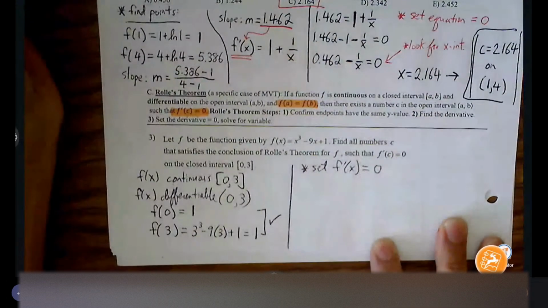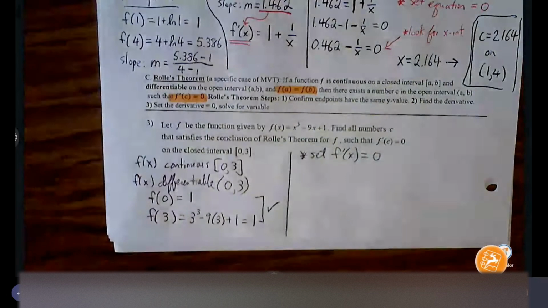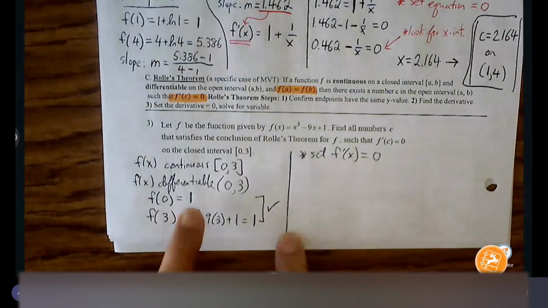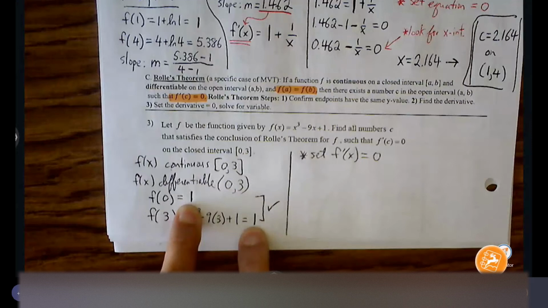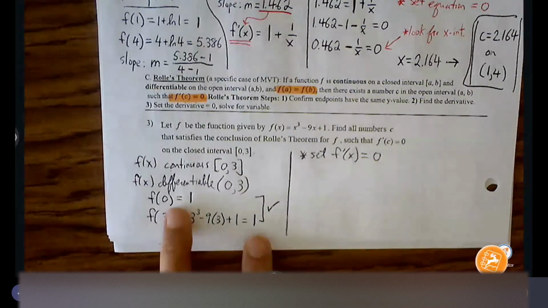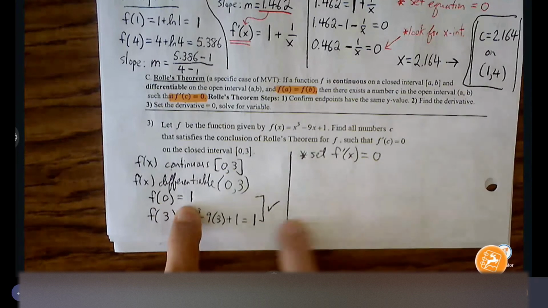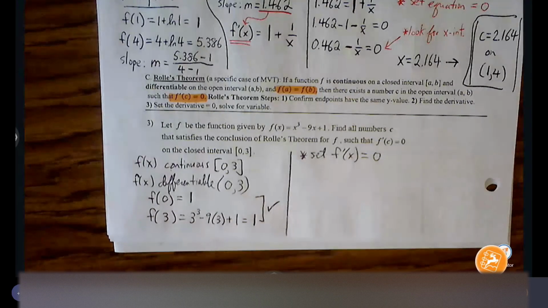A common mistake that I see students make is they would find f prime, but then they would set f prime equal to the y values. But that's not what we're trying to do, right? Because these y values are the same, we know the slope is 0, right? So we don't want to set it equal to the ordered pair. We want to set it equal to the result of those ordered pairs, which is a slope 0.